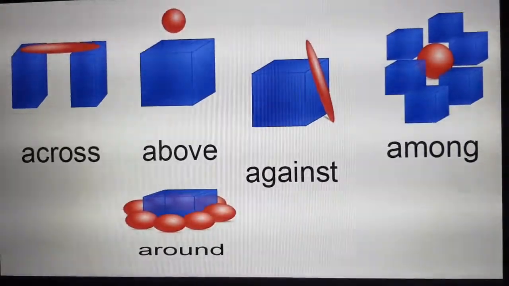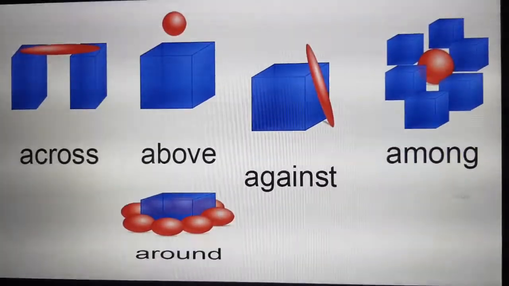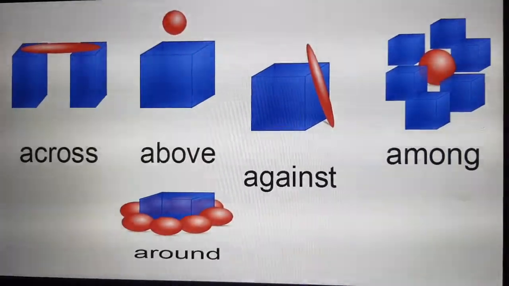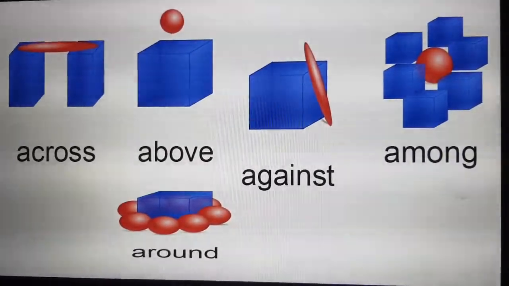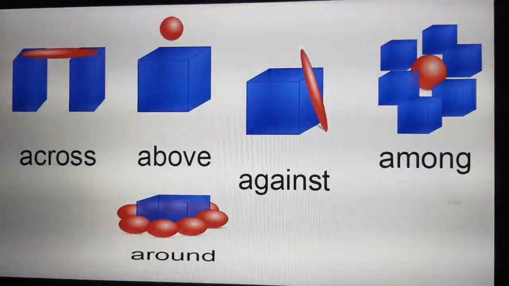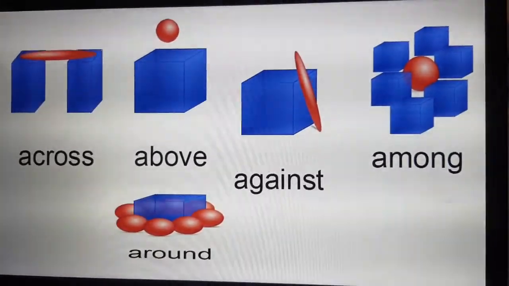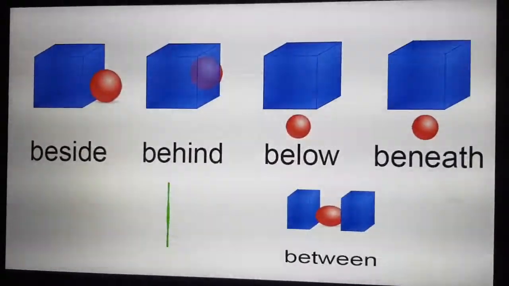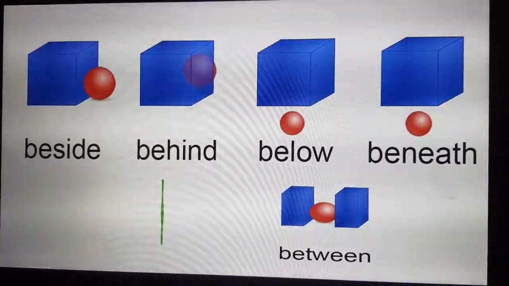The red ball is across two cubes, you can say. Then the red ball is against the blue box, among the blue box, and here around the blue box. Okay, see the pictures. Just wait a little, take a little time, and then try to understand that. Beside, behind.